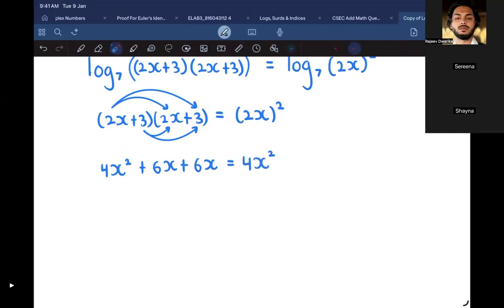Do you understand how I got 4x squared? Yes, sir. In case anybody is confused, 2x squared means 2x times 2x. So 2 times 2 is 4, and x times x is x squared. Serena, is this the part where your brain got fried? Yeah. We're trying to find what? X.